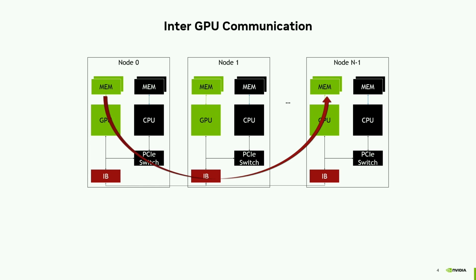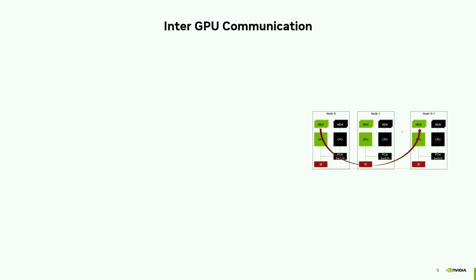How can NCCL, MPI, and NVSHMEM help you to efficiently orchestrate that and compose it with GPU computation? All the models here are CUDA-aware, meaning, as you see from the arrow, they can directly work with GPU memory, so directly move data from GPU memory to GPU memory across the most efficient data path.